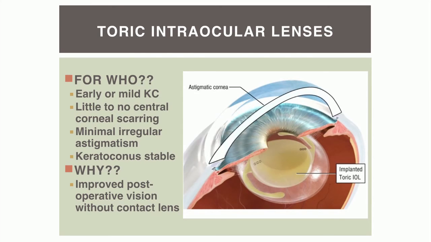So why would we do that? Well, you could not only reduce the significant nearsightedness that patients have, you could reduce the significant astigmatism that they have at the same time that you do cataract surgery, and leave them with better vision without glasses or contact lenses after surgery.